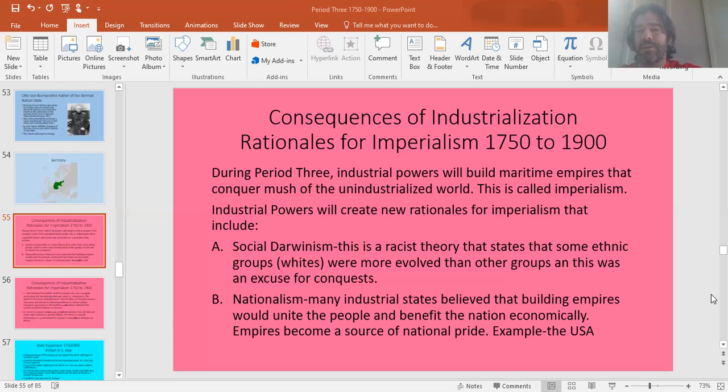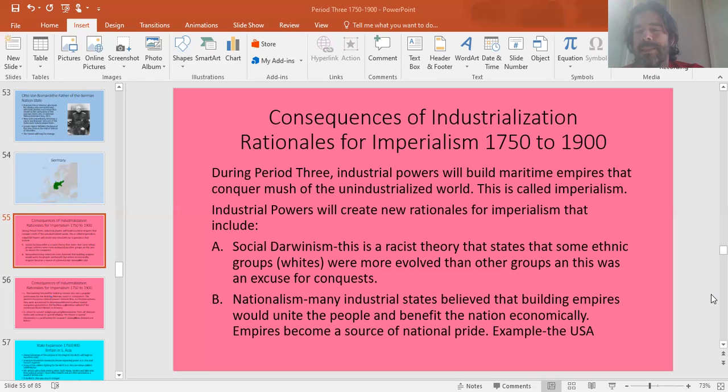I said people, and I should say animals in their instances. Well, in this time period, an incredibly racist ideology is created called social Darwinism.